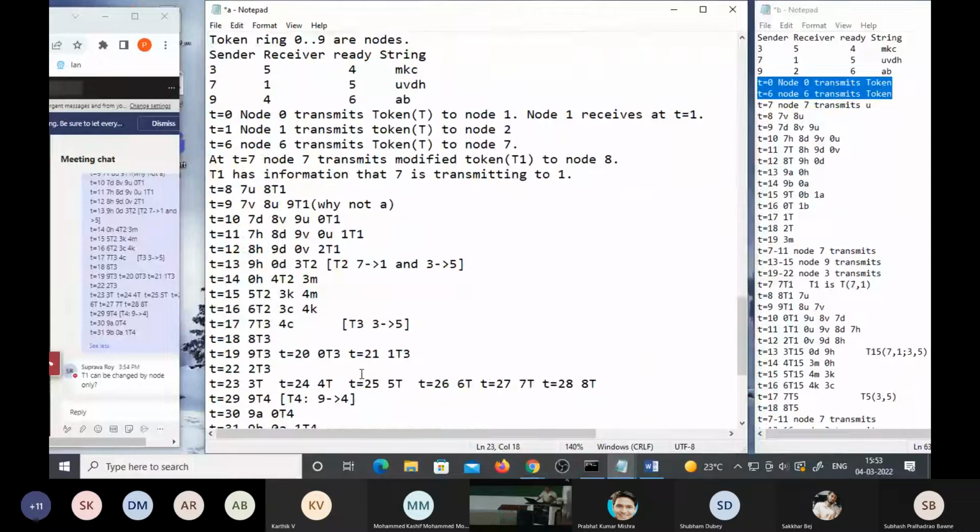You see, any node can change T1. T1 keeps the information that 7 is transmitting to 1. This information can be removed only by 7. Is it correct? No one else can remove this information. Any doubt?